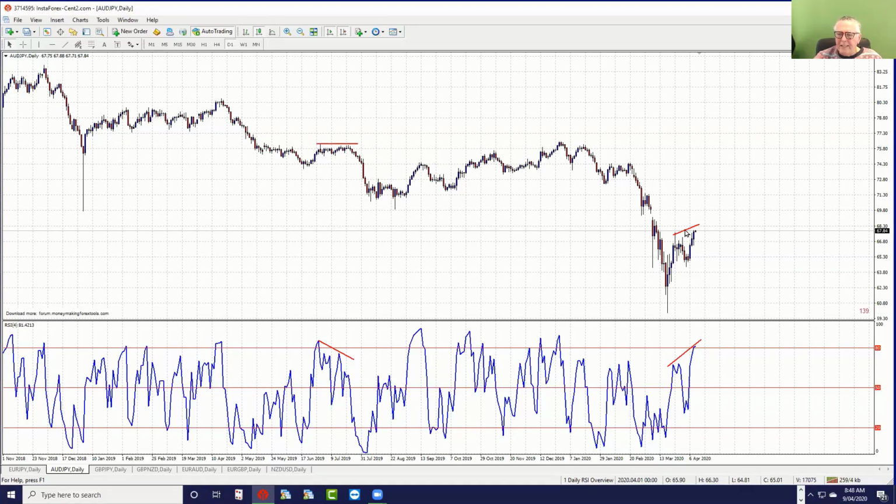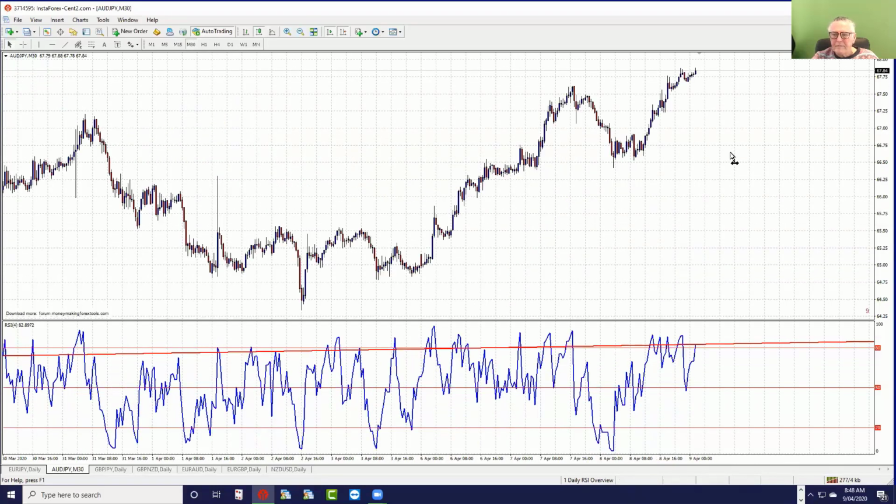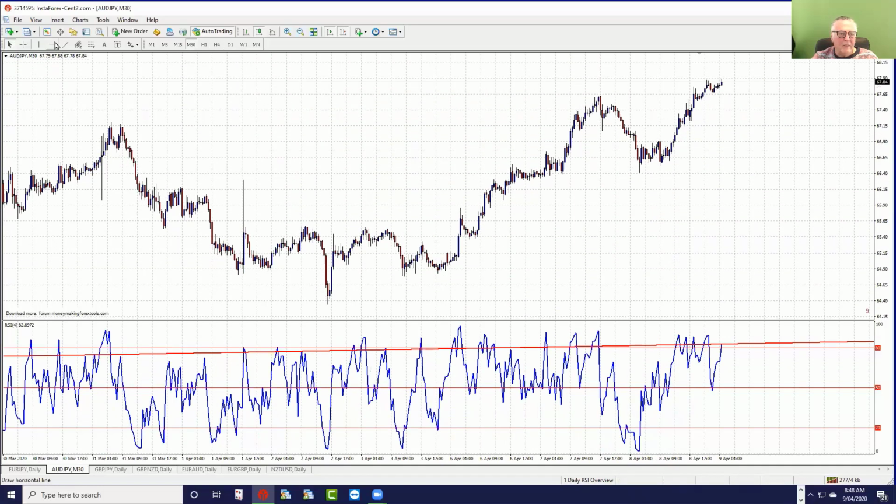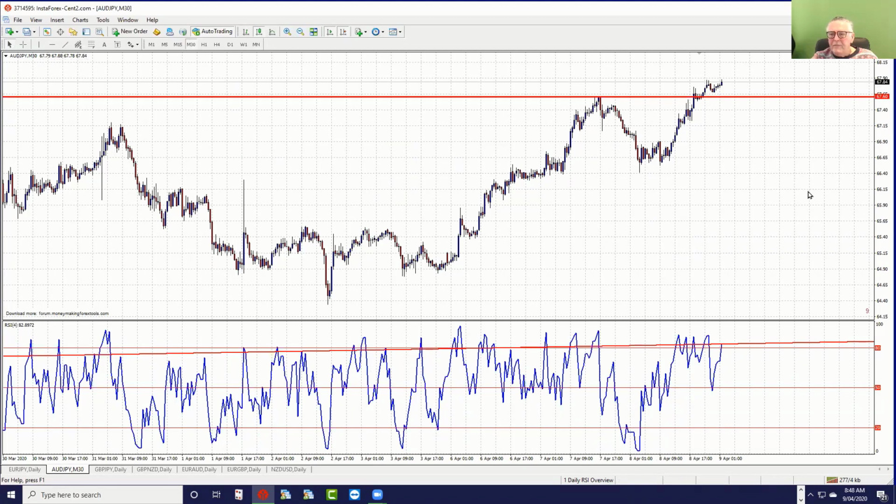What it might be telling us is buy the new high, which is happening right now. Let's go down to the 30-minute. It's already past there. It's saying buy the new high. We should have bought over there, but it hasn't run too far, only 20 pips.